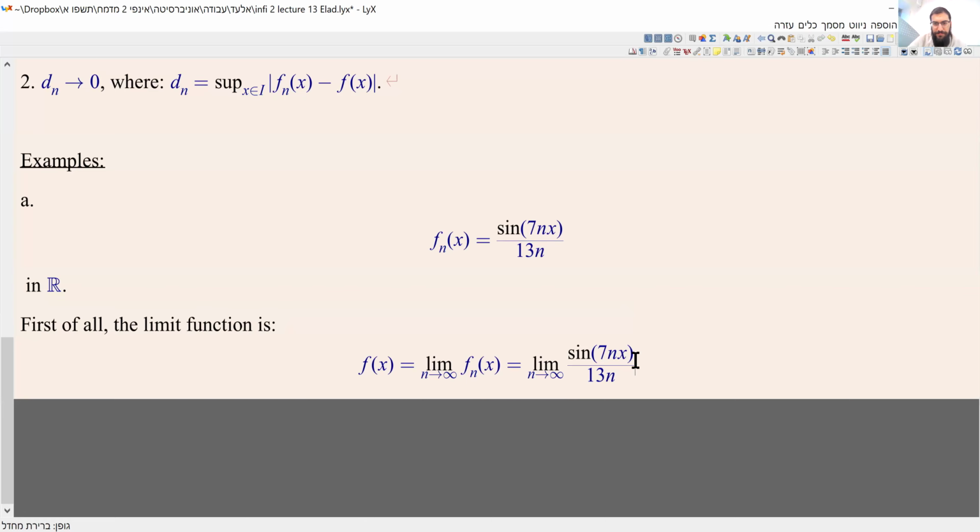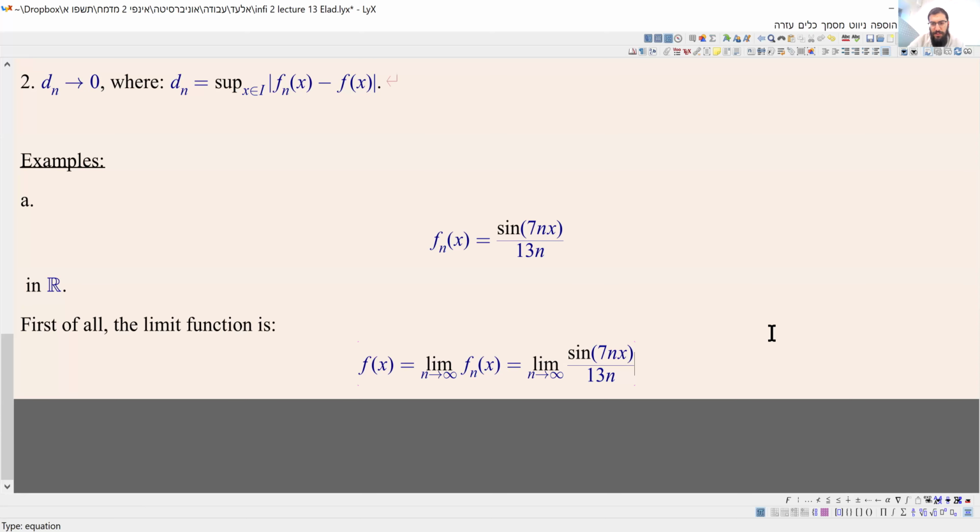Now, what is the limit here? 0. Yes, sinus is bounded. The denominator goes to infinity. So we know that this is 0.